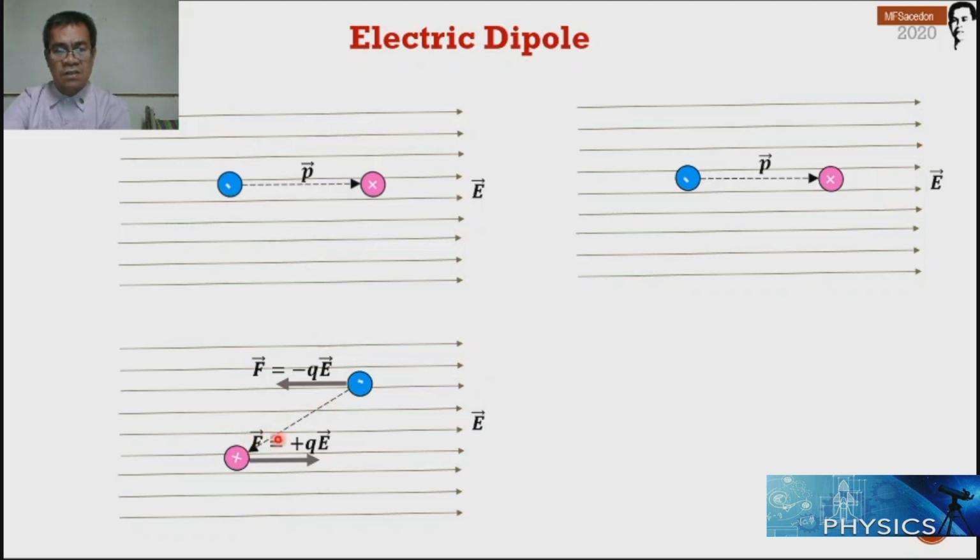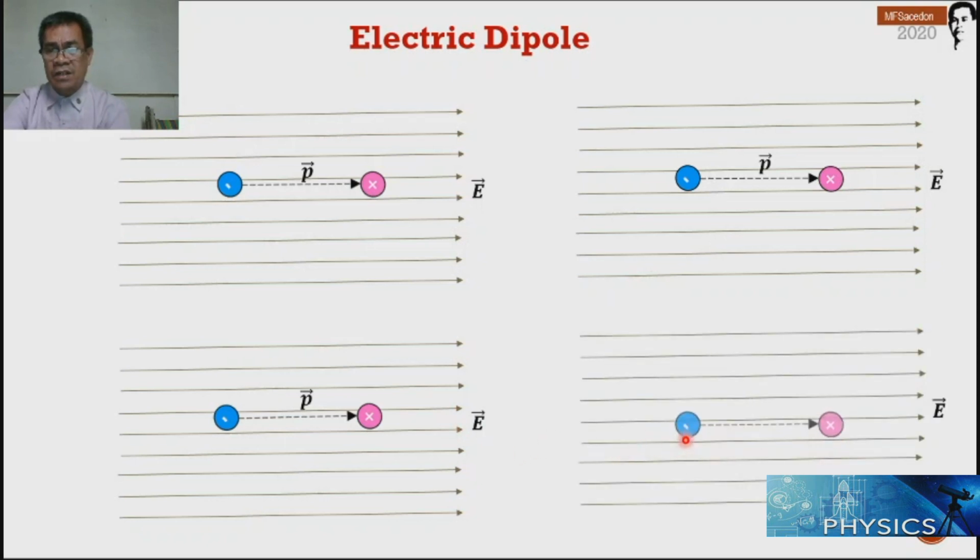So the rotation now is different from the previous because this is rotating counterclockwise. It will rest again when the dipole moment is in line with the electric field.